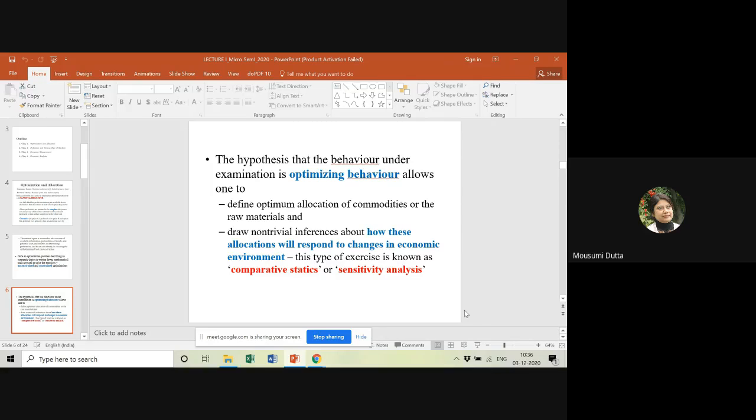So when we talk about consumer theory, producer theory, and analyze different types of markets, we will do all these things. First, we will try to find out a solution. In the language of economics, we call it equilibrium. Then we will consider several parametric shifts, if this changes, that changes, and how those changes affect the solution or equilibrium which we got initially.